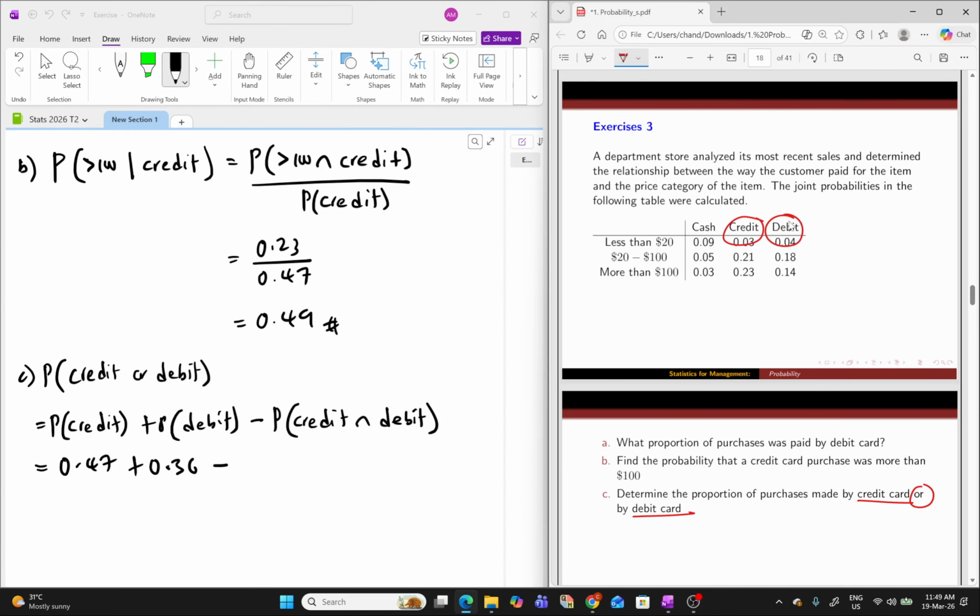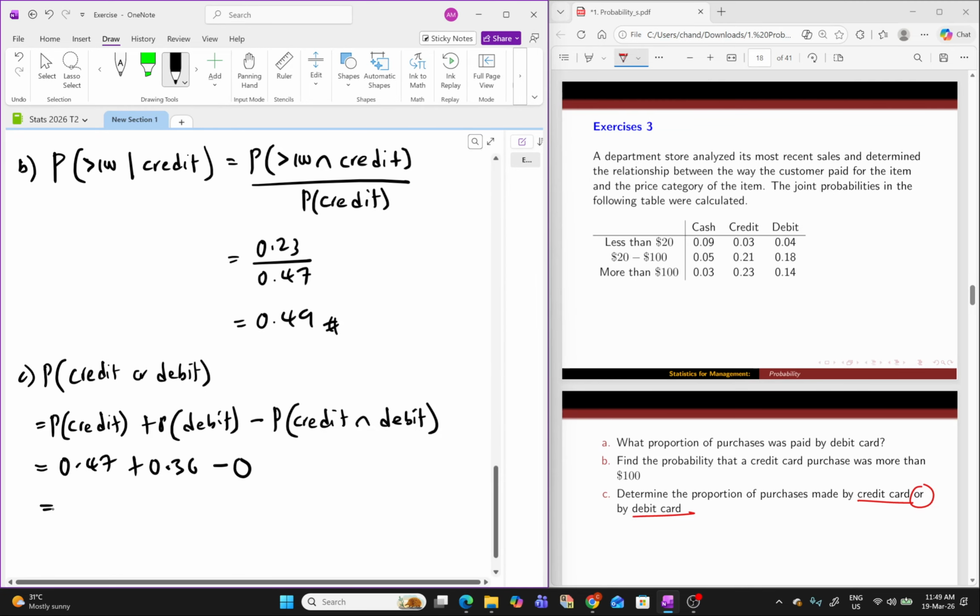Same category, there's no intersection, so this is 0 here. So the answer is 0.83.